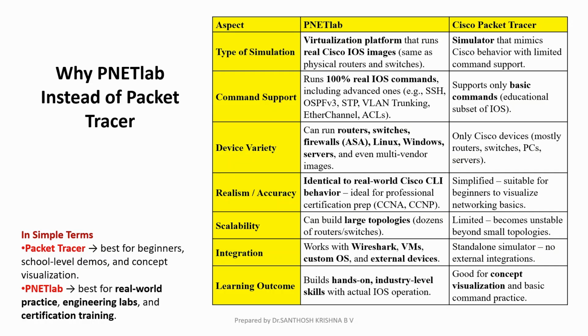When it comes to integration, PNET Labs works with Wireshark, various virtual machines, customized operating systems, and even external devices. Whereas Cisco Packet Tracer, as we know, is a standalone simulator where no external integration is possible. These are the various advantages.